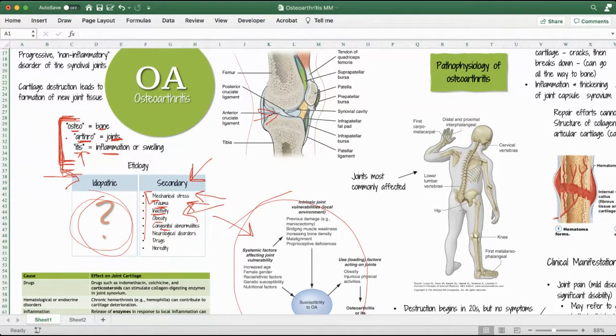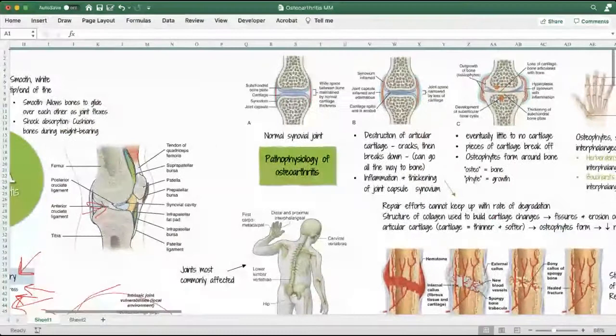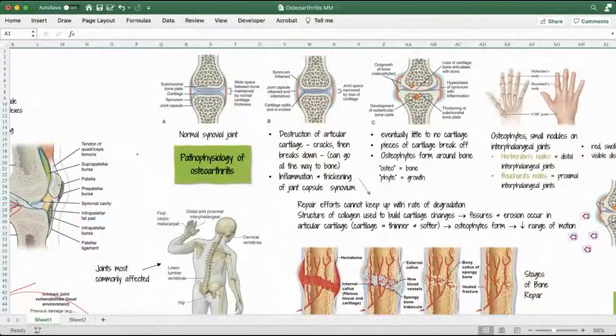If you can learn to recognize those little pieces of the words, you can figure out what the word means even if you don't know it. So that's why I'm doing that.